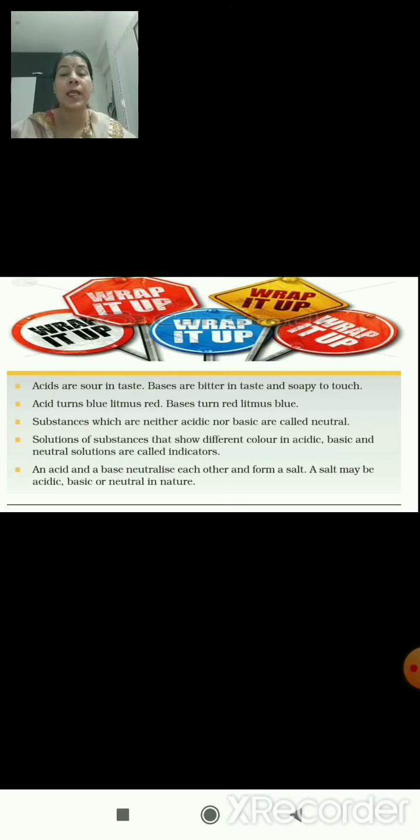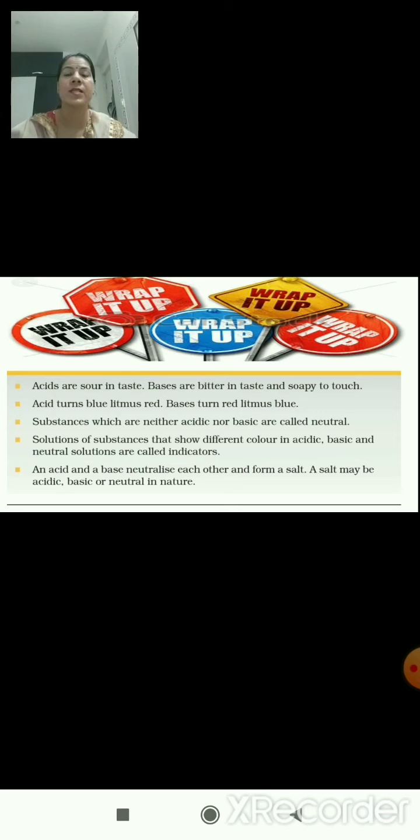Now let us begin with a wrapping up of the entire chapter. So, in the beginning of this chapter, you studied about the properties of acids and bases, in which you studied that curd, lemon juice, orange juice and vinegar are sour in taste.